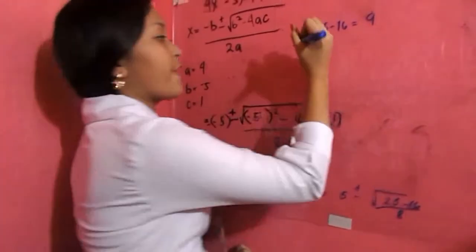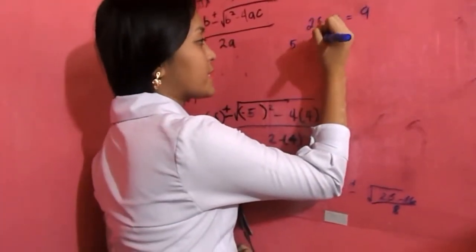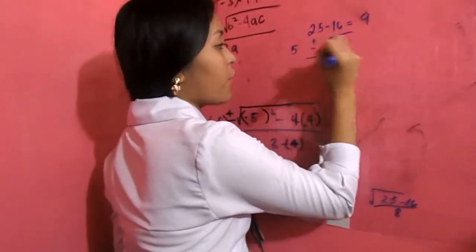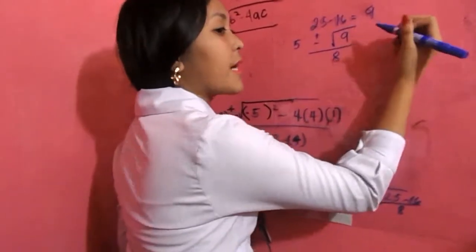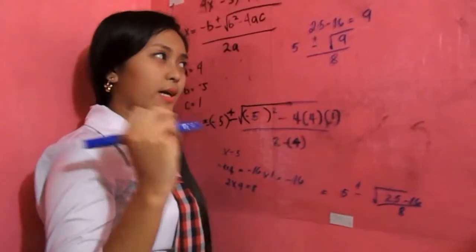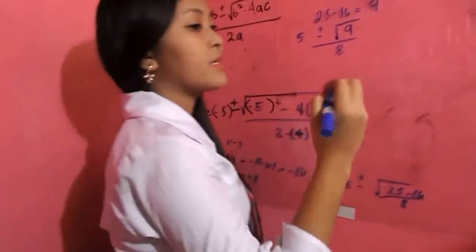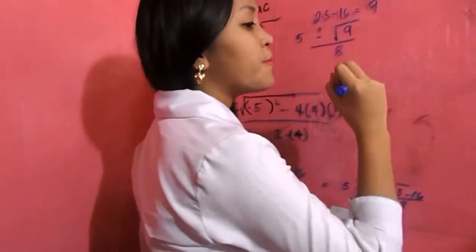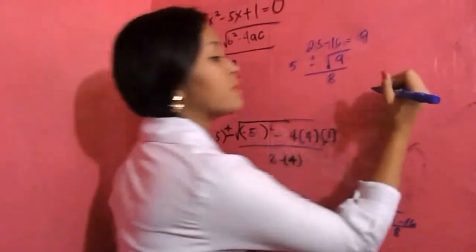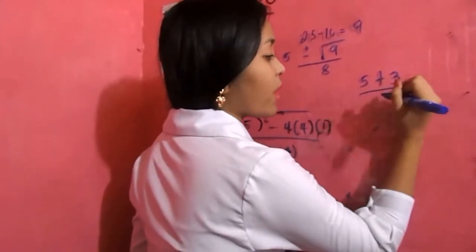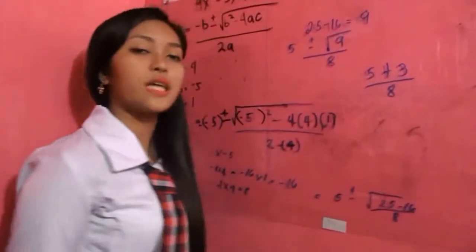So 5, positive and negative, square root of 9 over 8. The square root of 9 is equal to 3. So 5 plus 3 equals 8. Solve it separately.